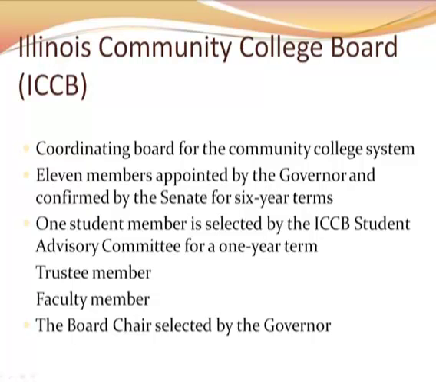Each state is different as to how it is set up. Some community colleges report to a board of regions, others report through a university system. But here we report to the Illinois Community College Board, and you can see how the members of the board are appointed.